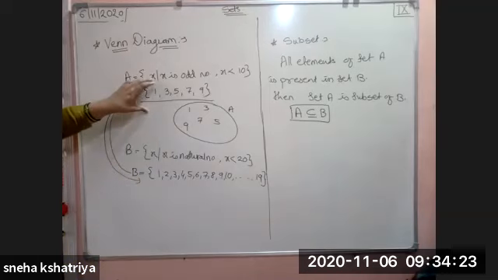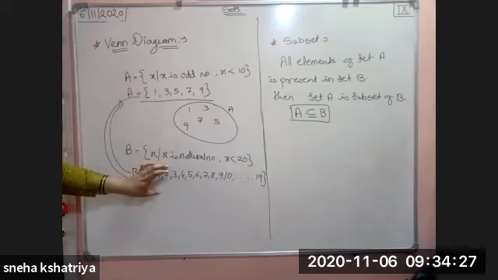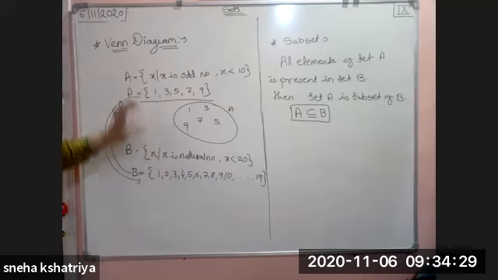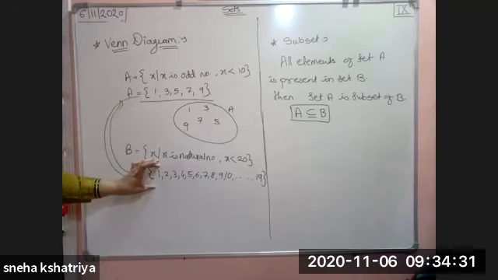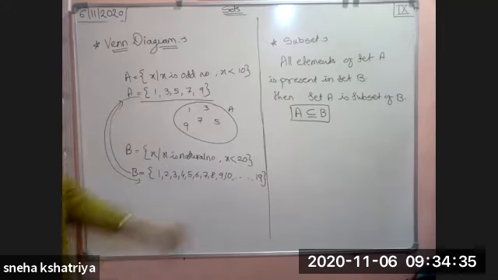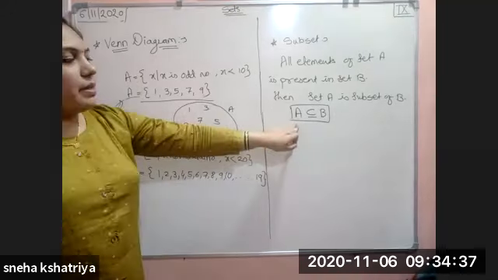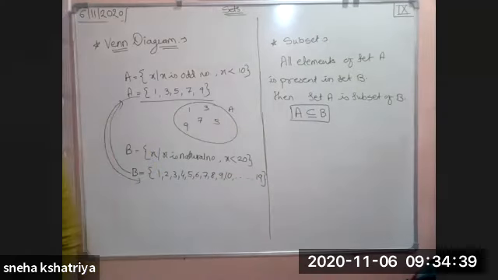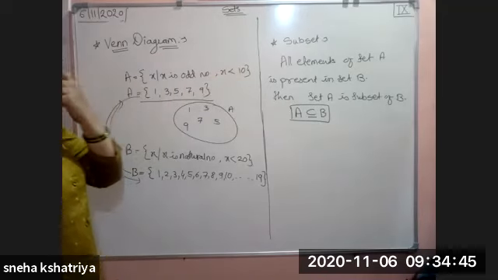If all the elements of one set are present in another set, then the first set is the subset of the second set. So the mathematical representation is A ⊂ B. This is the second important thing which we have to learn in the Venn diagram.